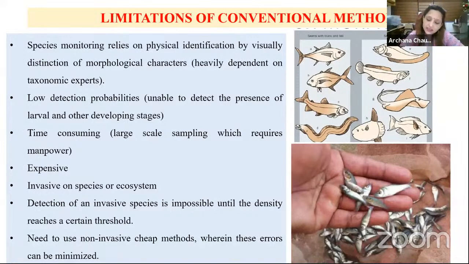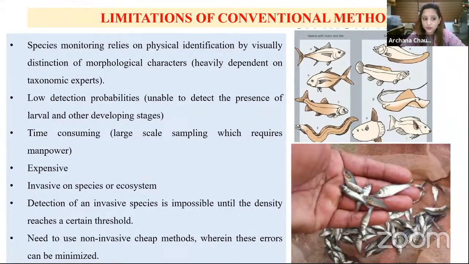This means the person going to the landing site must have proper taxonomic knowledge and be well versed with the morphological characterization of all the fishes present there, or the fish species they are interested in.